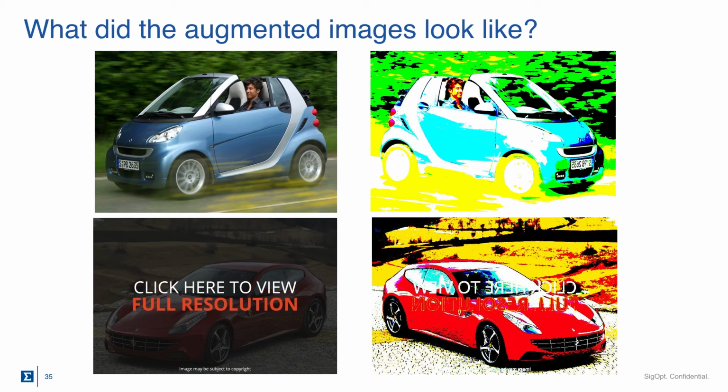So on the left column here, we have the original images, and on the right column, we have the augmented images. What we see is that the augmented images are hyper-vibrant versions of our original image, where saturation, hue, and contrast are extremely heightened to really draw the differences between the car, the ground, and the background, and make those distinctions very clear.